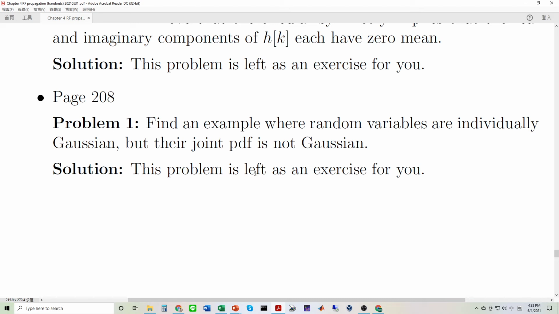Okay, because it is a probability level problem.